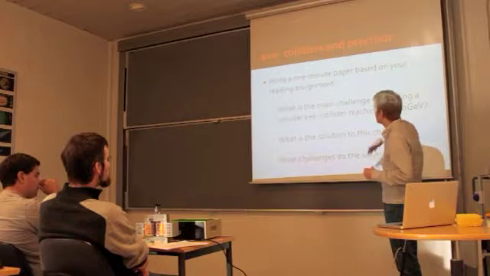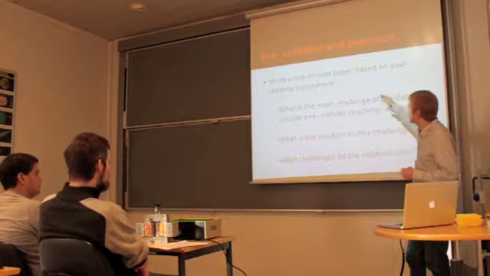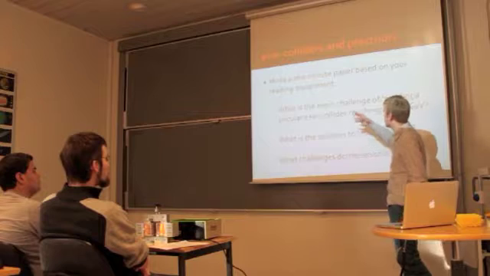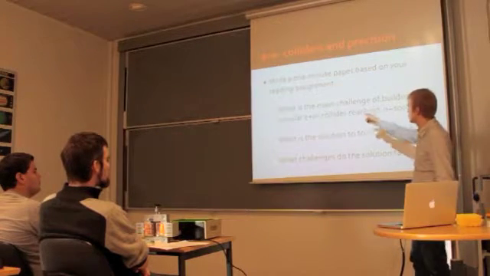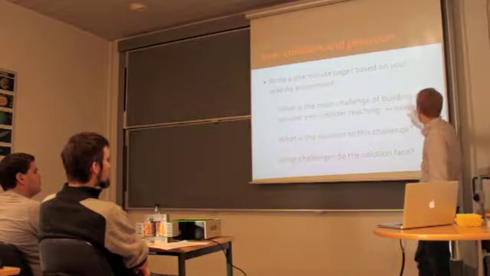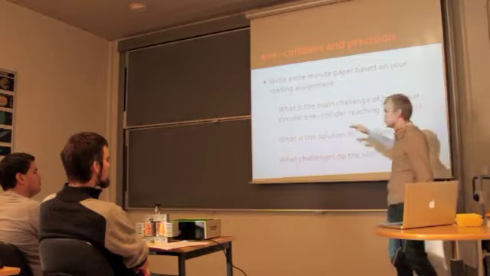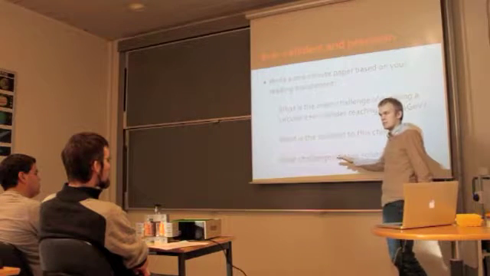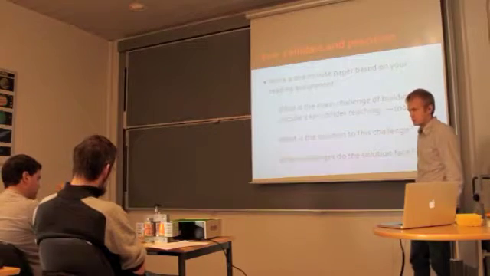So I'd like you to now write just a 1-minute paper from your reading assignment, saying what is the main challenge of building a circular E plus E minus collider reaching energies higher than a few hundred GeVs. Also, what would be the solution to this problem, and what are the challenges of the solution that is found in this reading assignment.